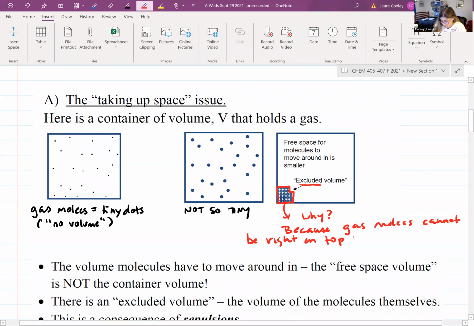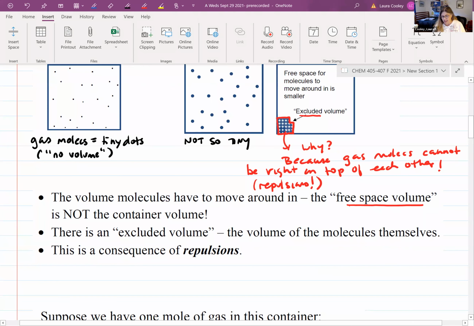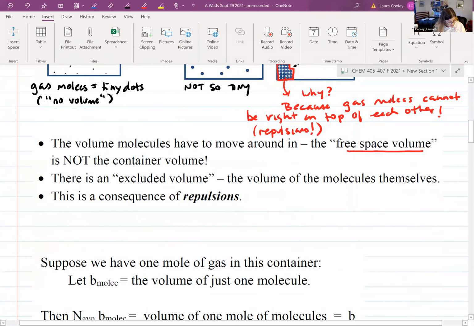And why can't they be? Because if they were, there would be repulsions. If they were very close together, you'd even have nuclear repulsions, which would be very repulsive indeed. So anyway, this free space volume, the volume the molecules have to move around in, is actually smaller because of the volume that the molecules take up themselves.